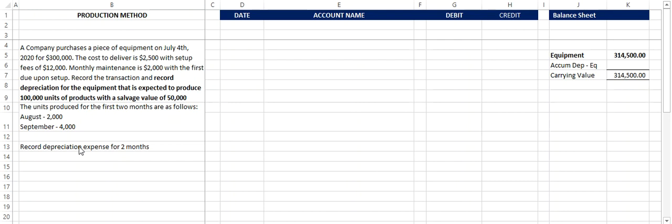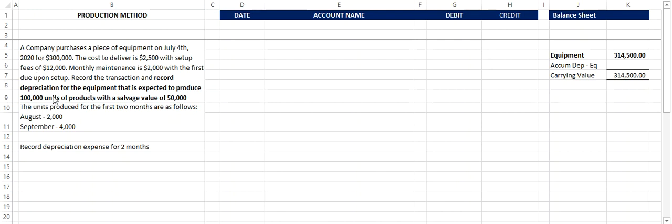And so let's look at the modified information that I have over here. This is following from the same example we started with, equipment valued at $314,500.